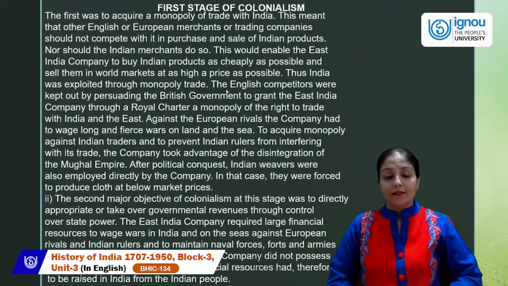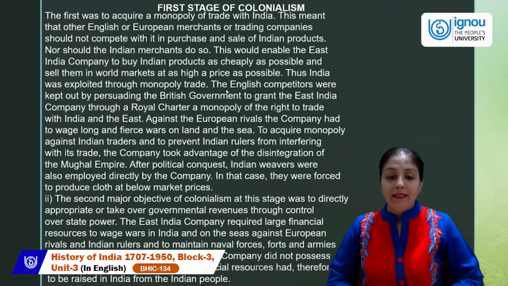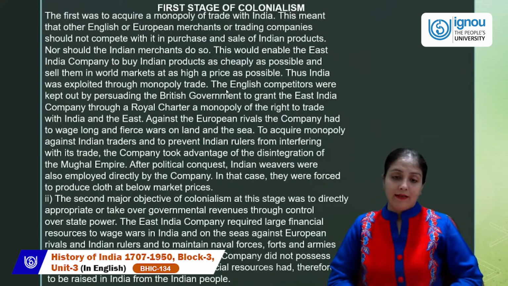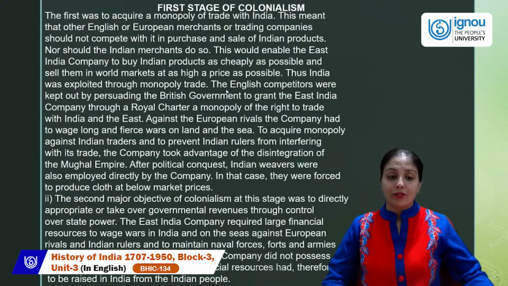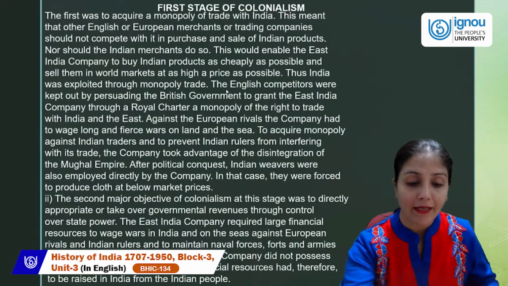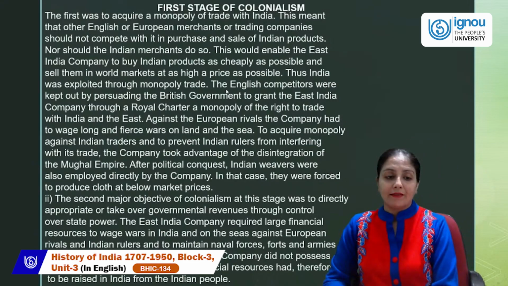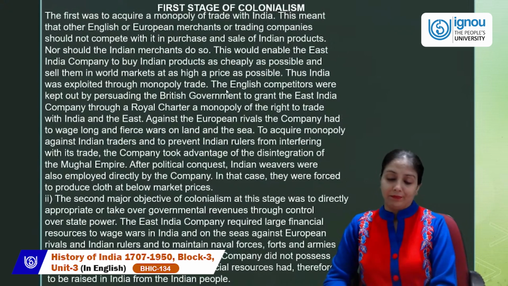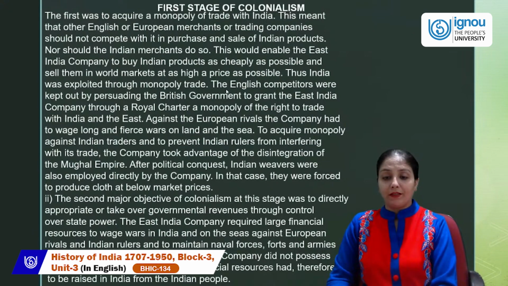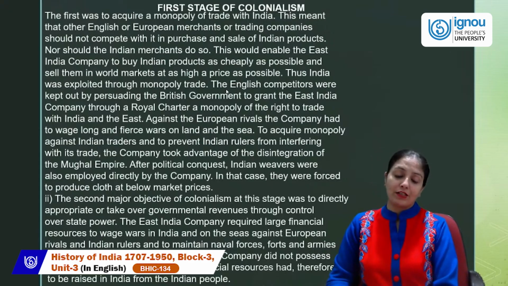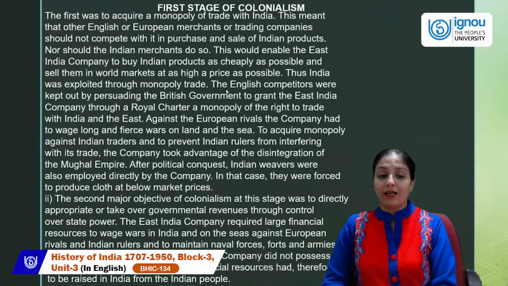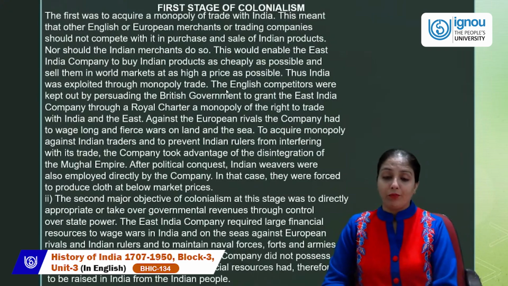The East India Company required large financial resources to wage wars in India and on the sea against European rivals and Indian rulers, and to maintain naval forts and armies around their trading posts. The East India Company did not possess such resources. The much needed financial resources therefore had to be raised in India from the Indian polity.